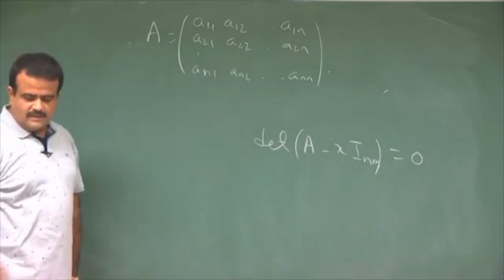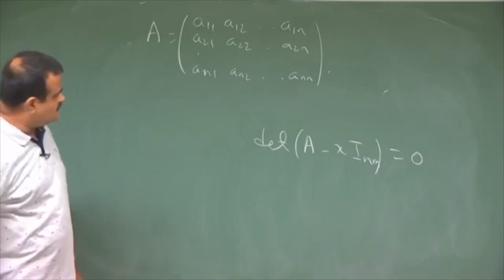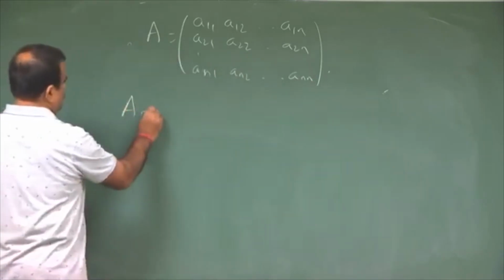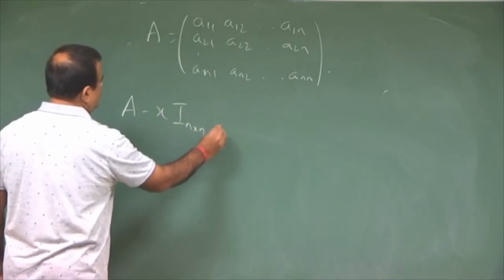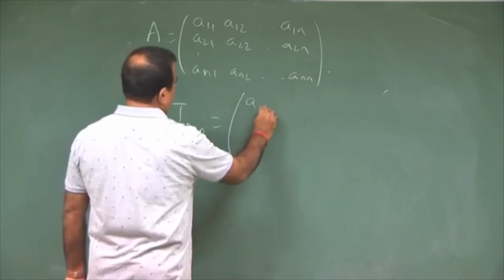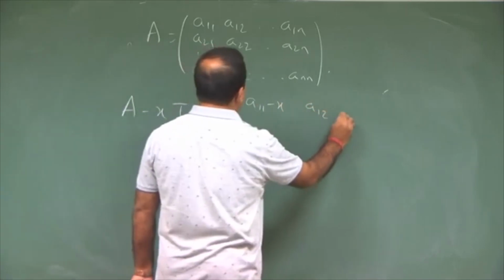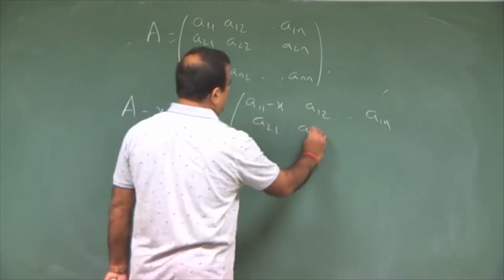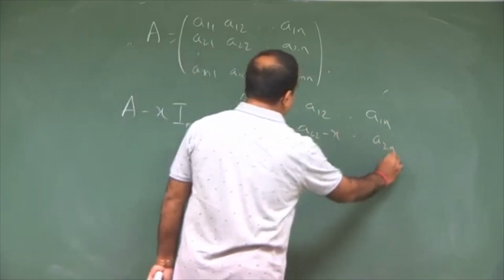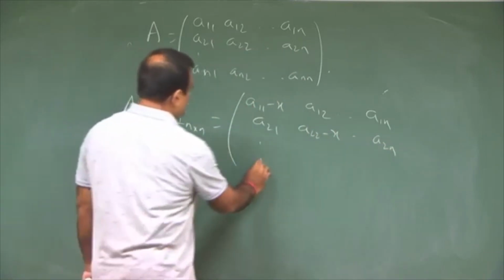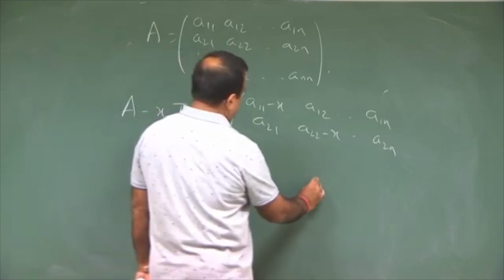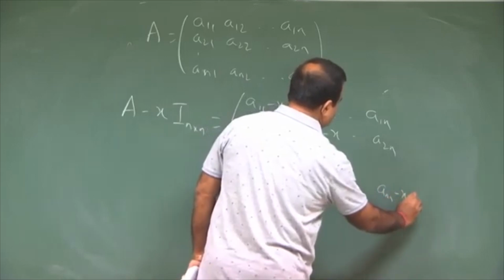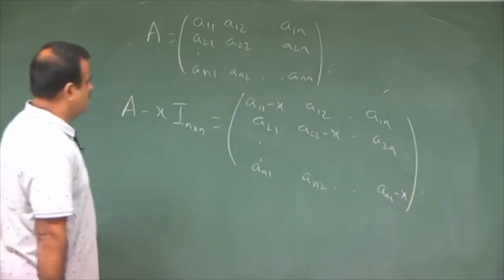Now, how to get this determinant? The matrix A minus x I_n, where I_n is the identity matrix of order n cross n, is nothing but a11 minus x, with the remaining entries the same, only the diagonal elements change: a21, a22 minus x, a2n, and so on, an1, an2, ann minus x. This is the corresponding matrix.